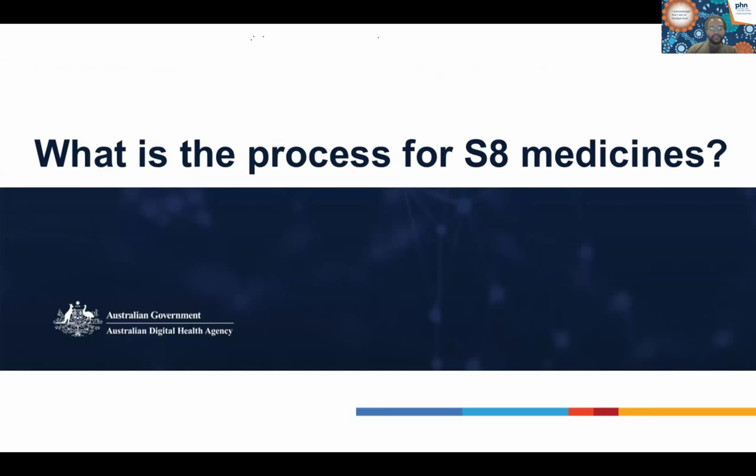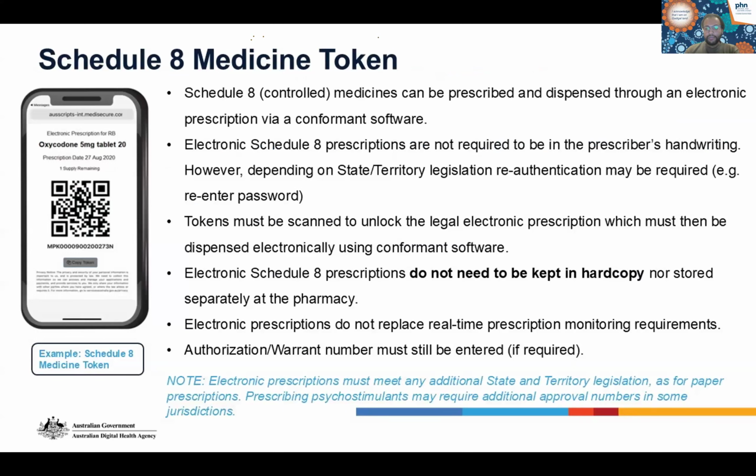Thank you. So what is the process for S8 medications? The Schedule 8 medication token does not replace other systems used when prescribing or dispensing controlled drugs or drugs of dependence, such as the real-time prescription monitoring system, for example SafeScript New South Wales. It may be a legislative requirement in some states and territories to have an authority or warrant number to prescribe restricted medications.